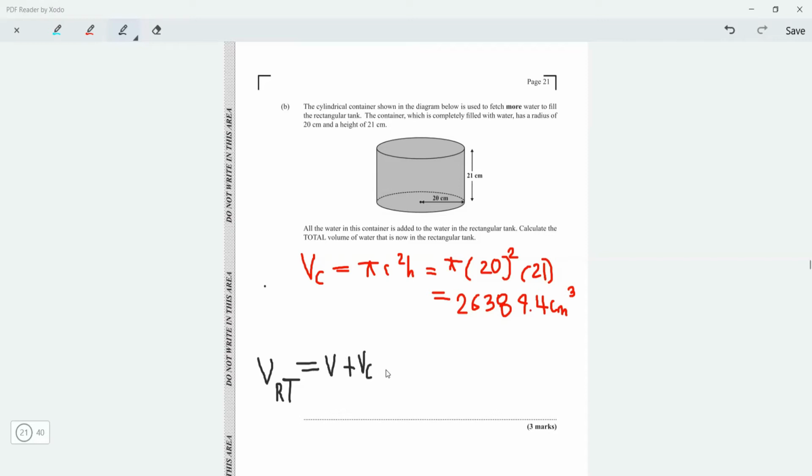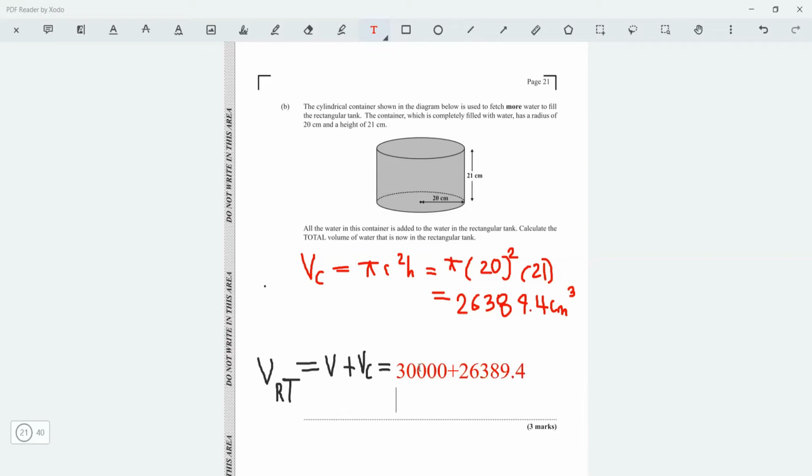So add them together, 30,000 plus 26,389.4. That's an easy thing to add. That's 56,389.4 centimeter cube. All right, nice. We never need a calculator to add that.